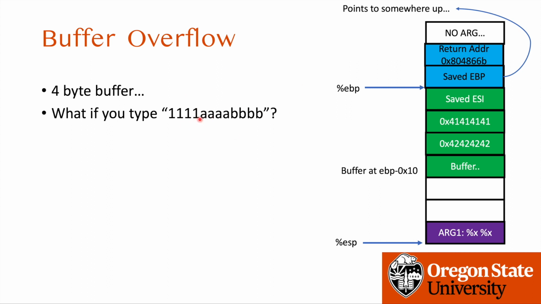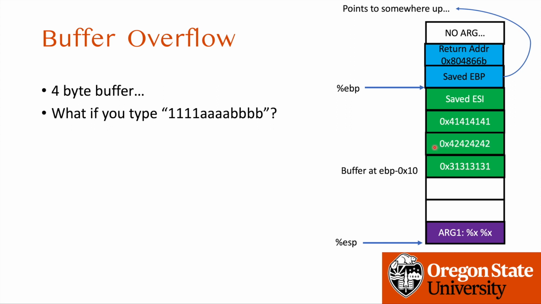So we will do 4 bytes at a time. It will first put 1111, which is 31 31 31 31 as ASCII code, into the buffer like this. And then next we will put AAAA, which is 61616161 as ASCII characters, into the next block.